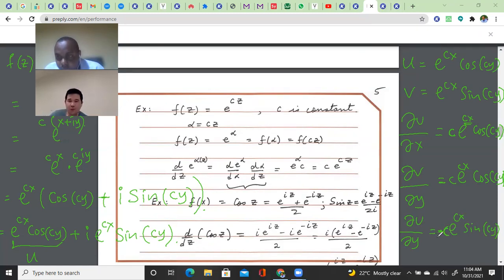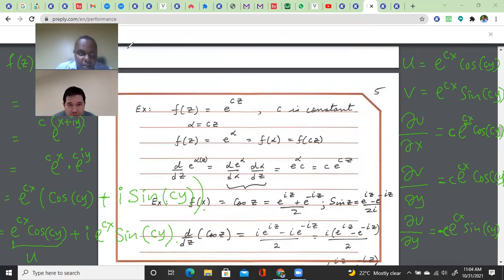Why are we taking c? Because the derivative of cy with respect to y is c. Chain rule. Okay, yes, it equals. So it's going to be analytic.